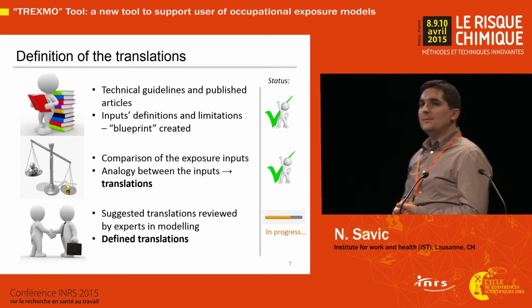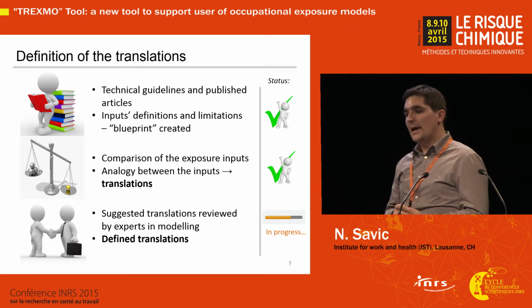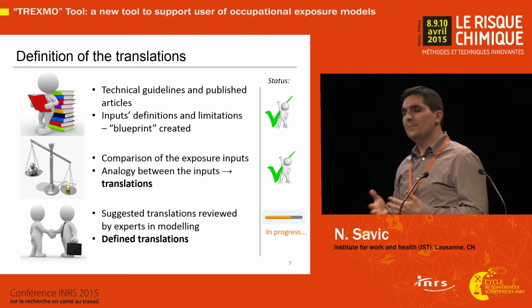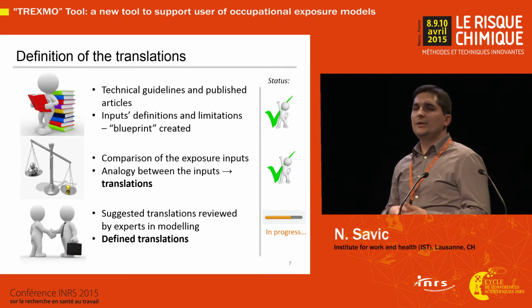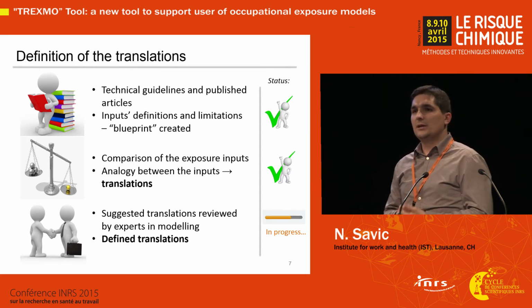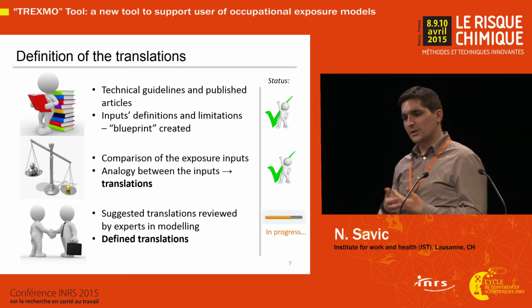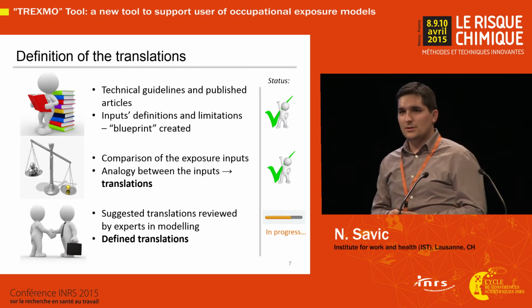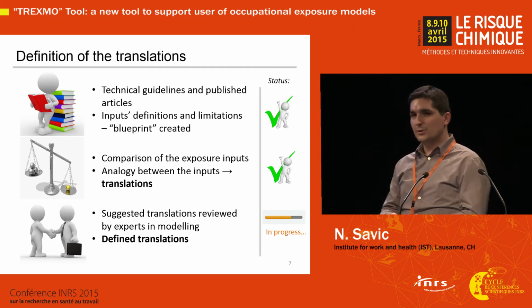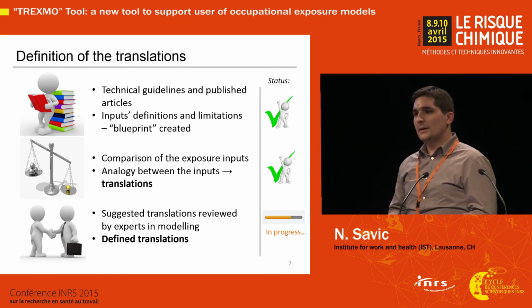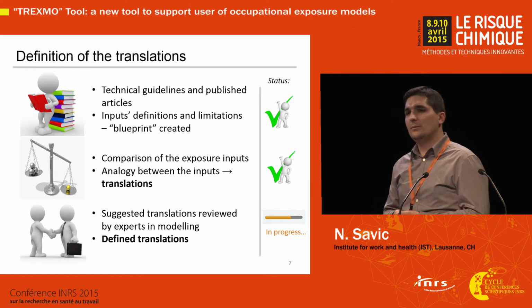These first 2 steps are finished so far, and the next step is to give all these tables with suggested translations of analog inputs to experts in modeling, to be reviewed by them.